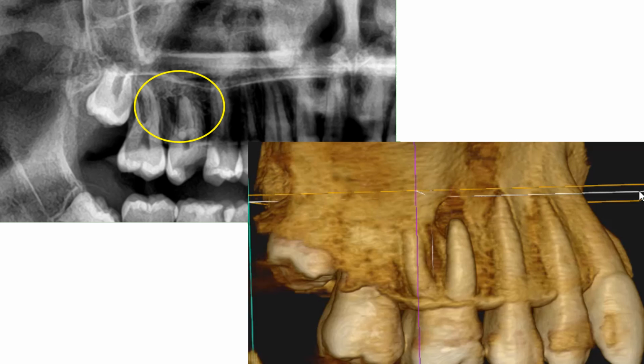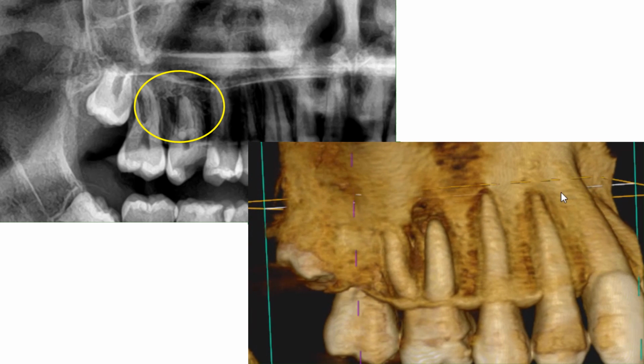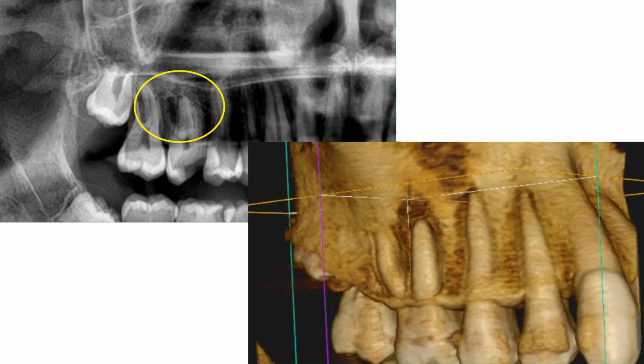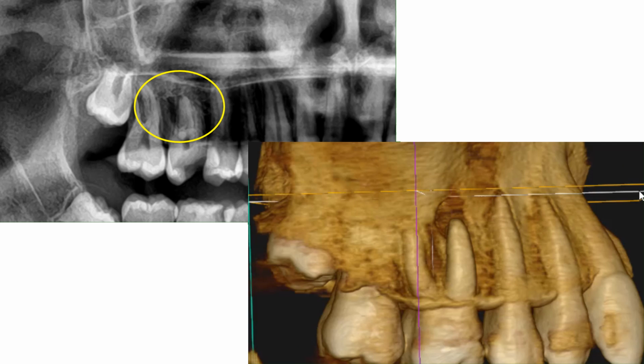Another X-ray, and a maxillary molar with, again, not a clear picture, and you can see here very clearly the amount of destruction of bone around the two buccal roots of this maxillary molar.